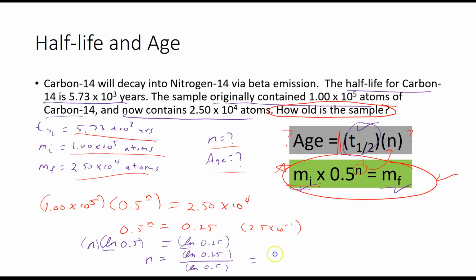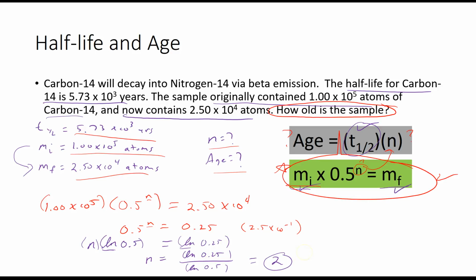When I do that, I get a value equal to 2. So n equals 2. That tells me that to get from this number of atoms down to that number of atoms, I went through 2 half-life periods.